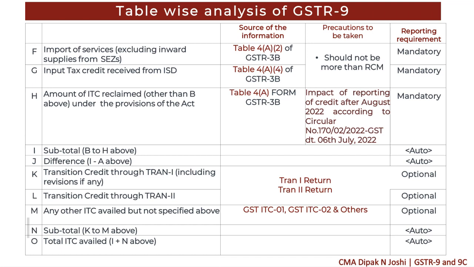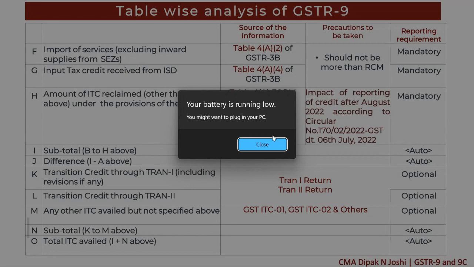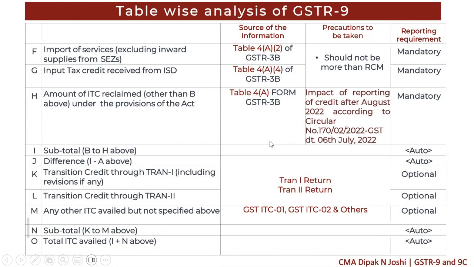Now this is going to create huge mess as far as reconciliation of table 8C and table 8A is concerned, because we are calculating the same credit 2 times, right? And in table 8C, there is no option of reversal, and that is why this circular itself is going to create huge mess in future.